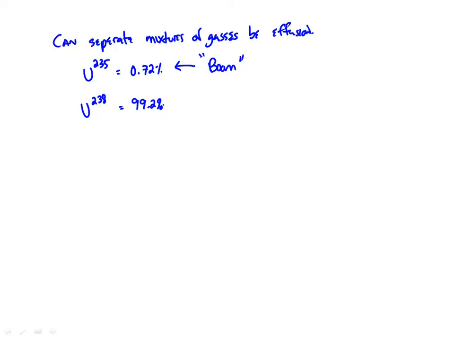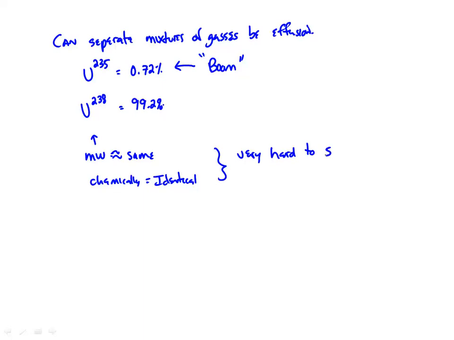And so, because the molecular weights are essentially the same, and chemically they're identical, it's very hard to separate them. And even by using this process of diffusion, it's also very hard to separate them.